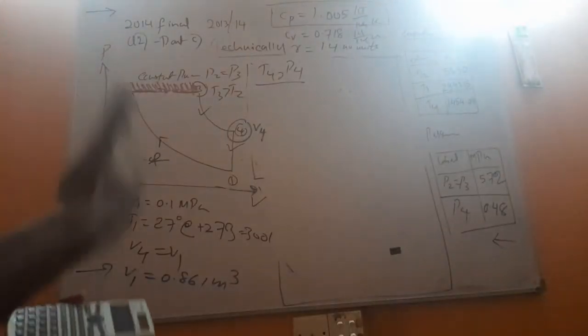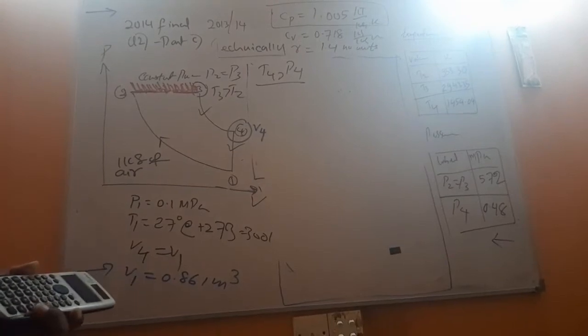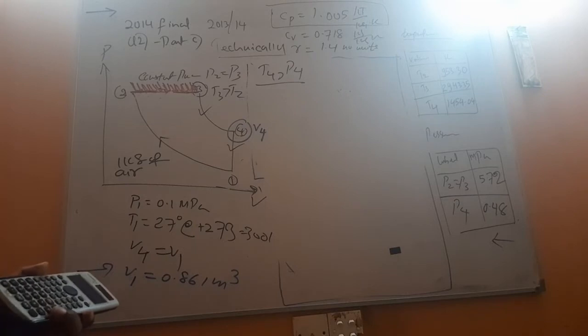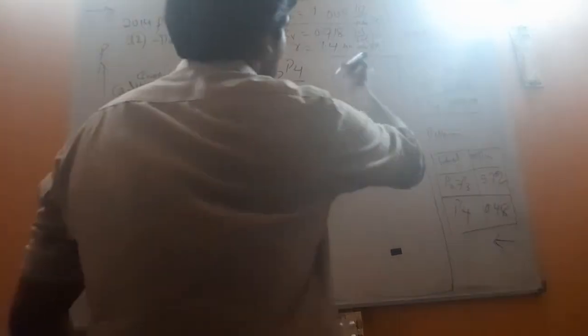So how do we verify that? V4 is known. T4 we do not know.